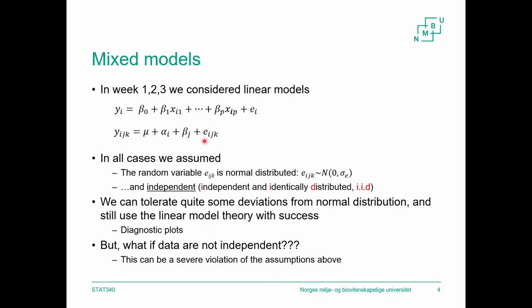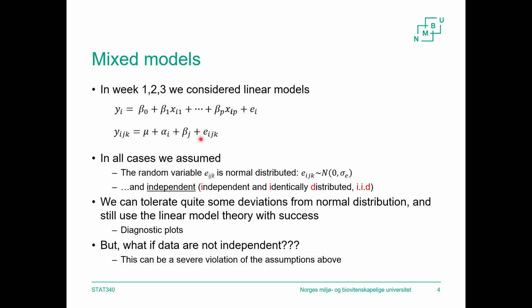What we are looking at now, both this week and next, are still linear models of this type here. We will still assume we have a response of the similar type as we had here, but we will make some extension to this part of the model.